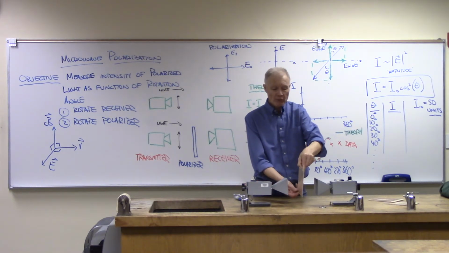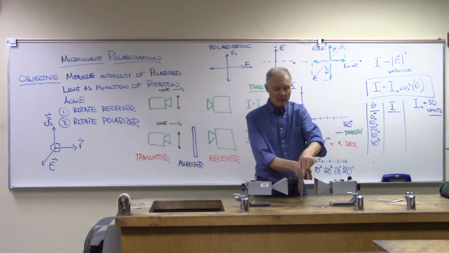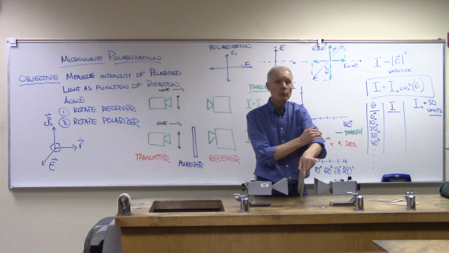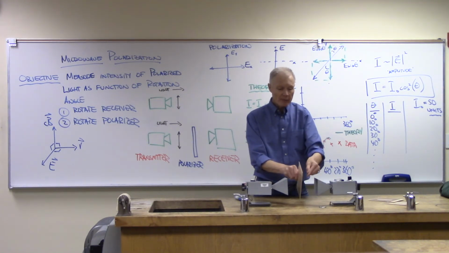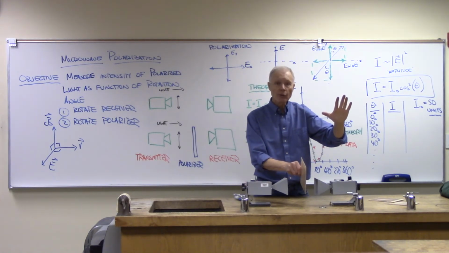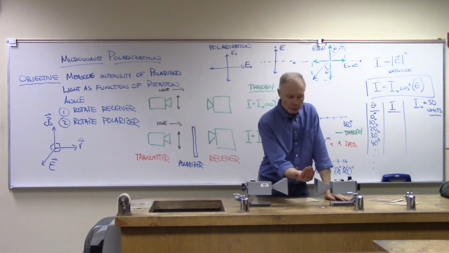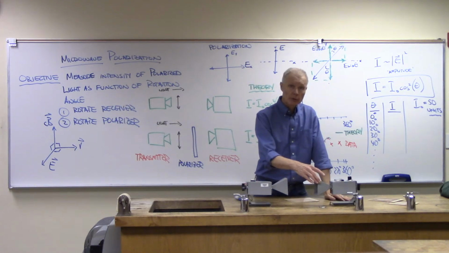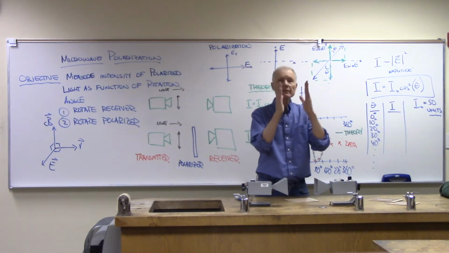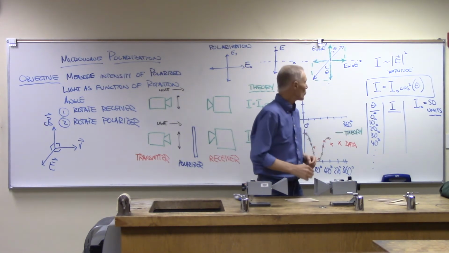If I rotate the polarizer by some angle theta, we're expecting the intensity of light that goes through the polarizer to be reduced by a factor of cosine squared theta. Also the light that passes through is going to be tipped at an angle theta, so when that light reaches the transmitter, that's going to be an additional factor of cosine squared theta.